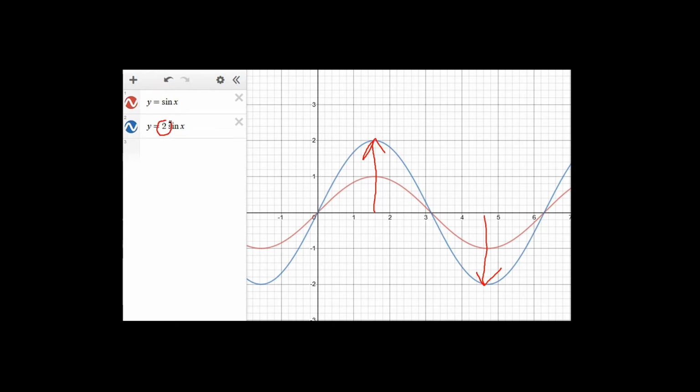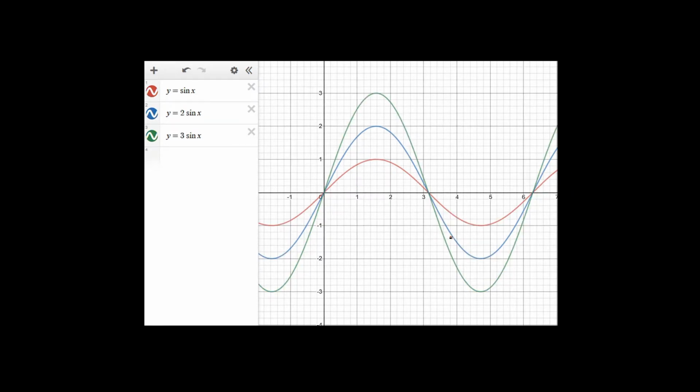This number in front of the sine function, we call it the coefficient. That coefficient gives you the heights of these bumps. So let's say we go to 3 sine x, which is the green line. You can see the green line now goes to a maximum of 3 and a minimum of -3.